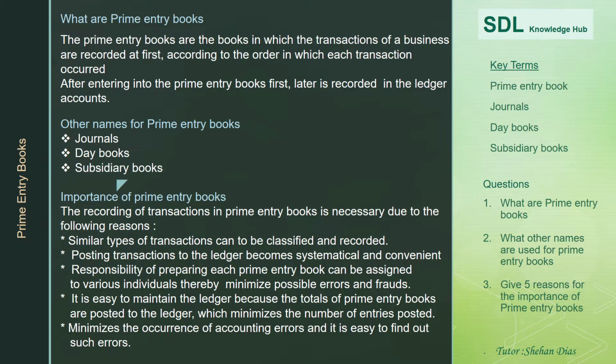It is easy to maintain the ledger because the totals of prime entry books are posted. Therefore, it reduces the number of entries. Finally, it minimizes the occurrence of accounting errors, and if they do happen, it will be easy to find such errors.